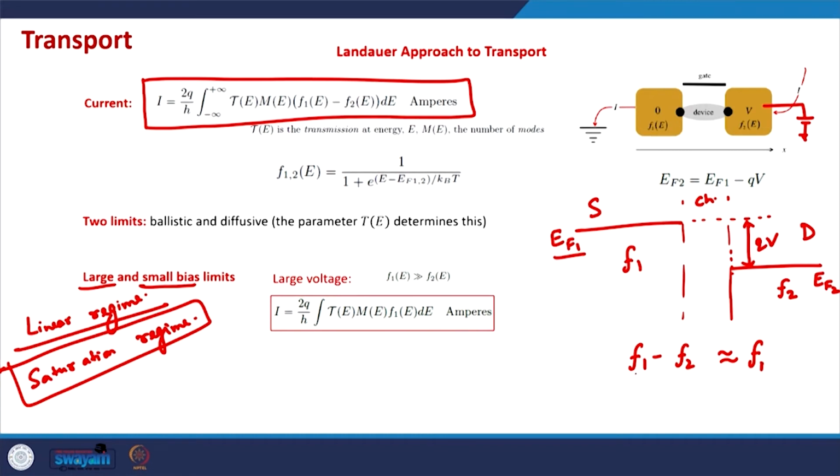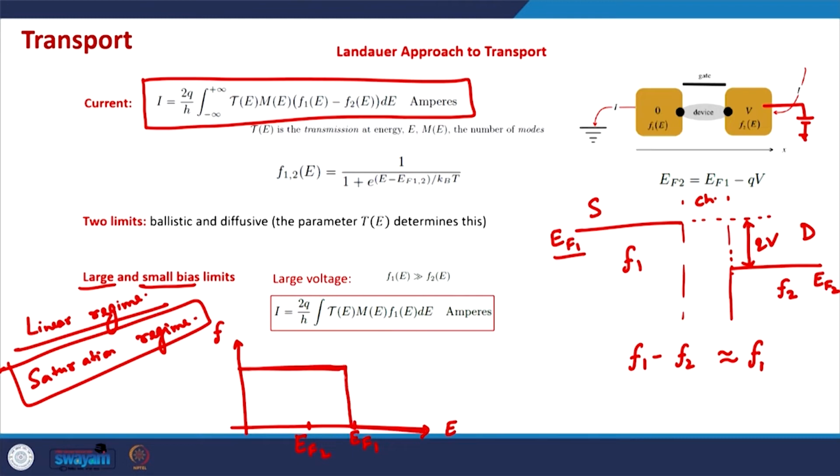For example, if we plot the Fermi function at 0 Kelvin, with the Fermi function on the y axis and the energy on the x axis, and this is EF1, this is EF2, then at 0 Kelvin the Fermi function F1 will look like this.